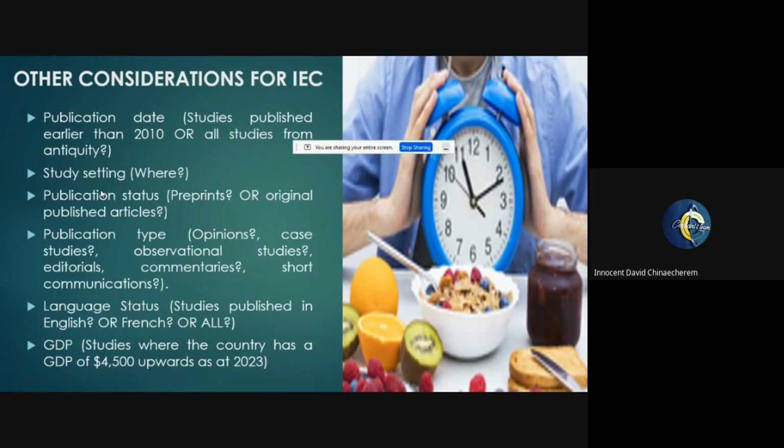Now, we also looked at other considerations, where we talked about dates, study setting, status, type, language, and a lot of other things as well in this course session.